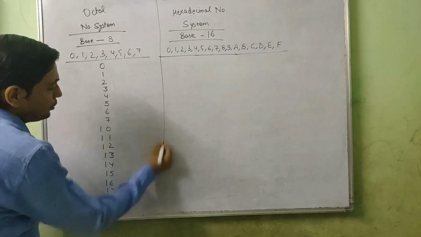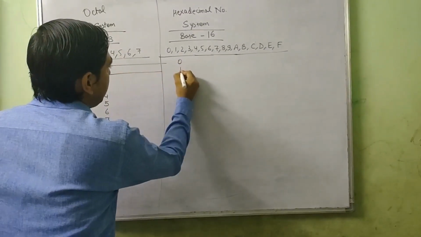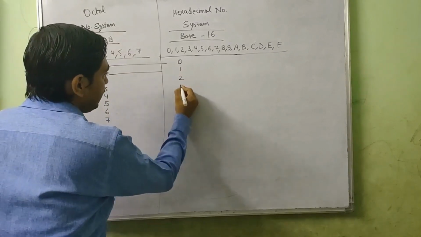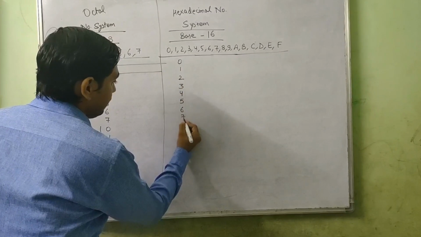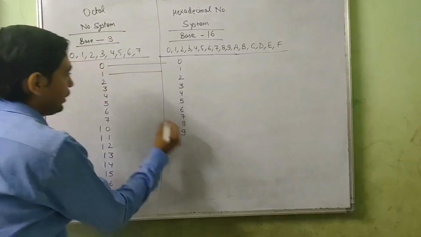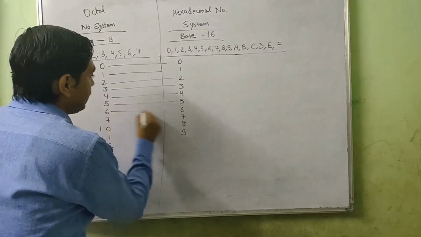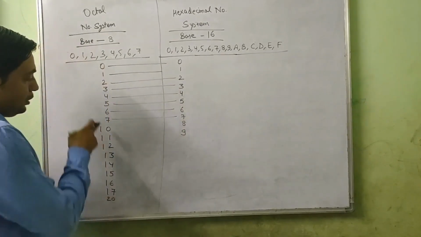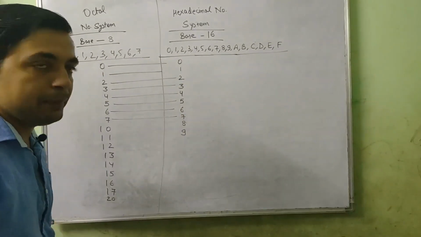Now what are the values represented over here? 0, 1, and it will be like that up to 7, 8 and 9. Up to 9 it will be the same. So if we represent the corresponding octal numbers, up to 7 octal and hexadecimal are representing the same numbers.